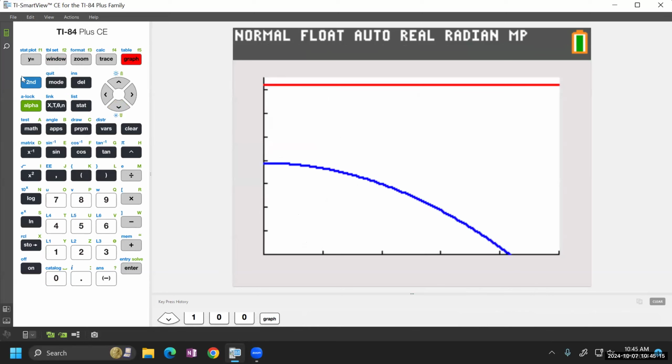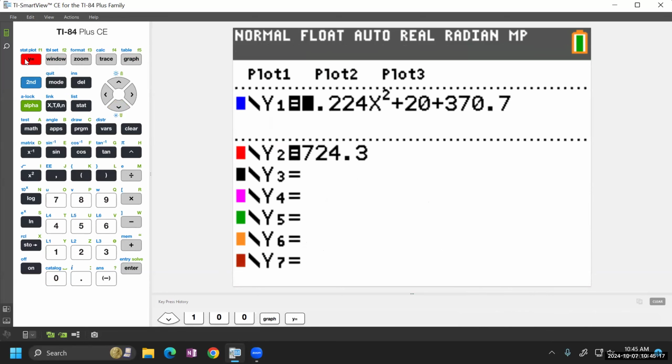Oh, we got something wrong. That looks different. I've got negative 0.224 plus 20. Oh, I got an x missing in my 20. That's my mistake. So I'm going to go behind that 20 and do an insert, second delete, and insert the x.